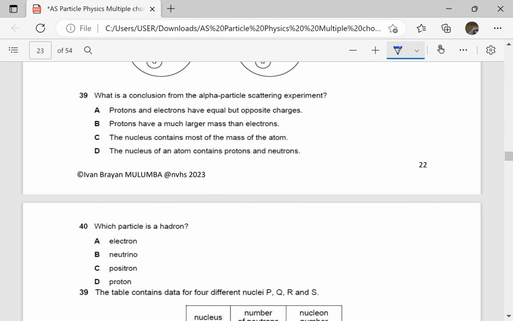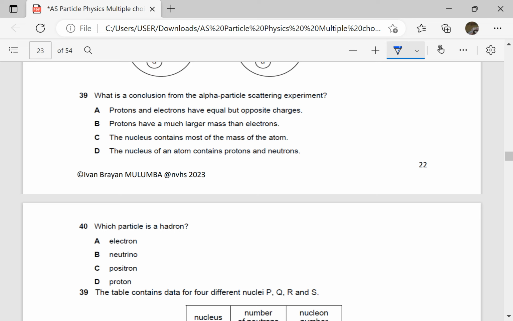What is a conclusion from the alpha particle scattering experiment? Protons and electrons have equal but opposite charges. That is not a conclusion from the alpha particle scattering experiment. Protons have a much larger mass than electrons. We can't conclude that from the alpha particle scattering experiment. The nucleus contains most of the mass of the atom.